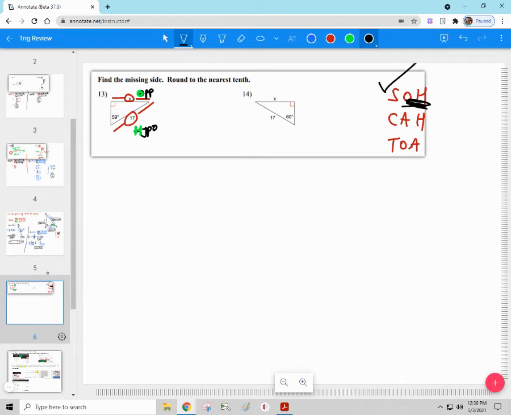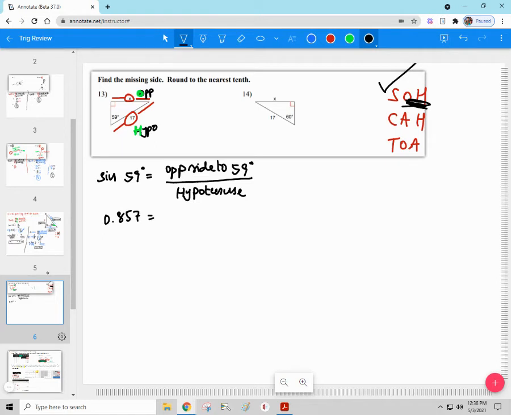Okay, I already explained this one earlier. Therefore, sine 59 degrees equals the opposite side to 59 degrees over the hypotenuse. Then just plug in these values. What is sine 59? You can make use of the calculator. Sine 59, I got 0.857.